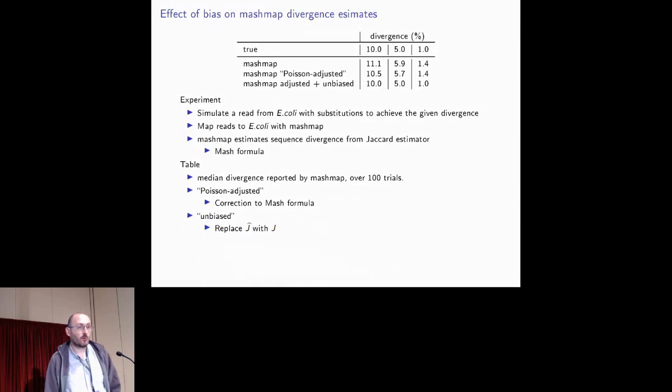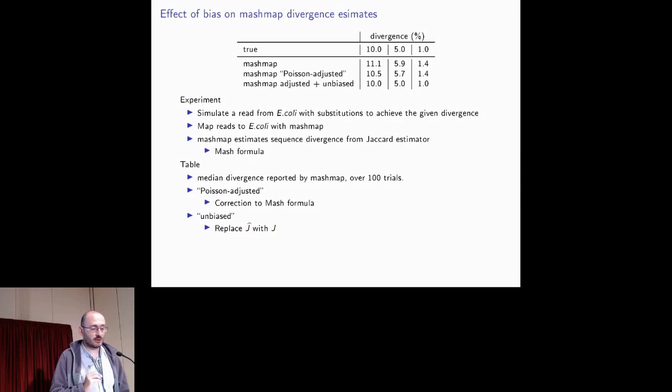Next, we went back to MashMap and we wanted to see, okay, is the bias that we see in the output of MashMap due to the bias in the estimator, or could it be whatever, right? It's a piece of software. So we found 2 causes of the bias in the output. The first is that it uses an approximation in the formula to compute the divergence from the Jaccard estimate.